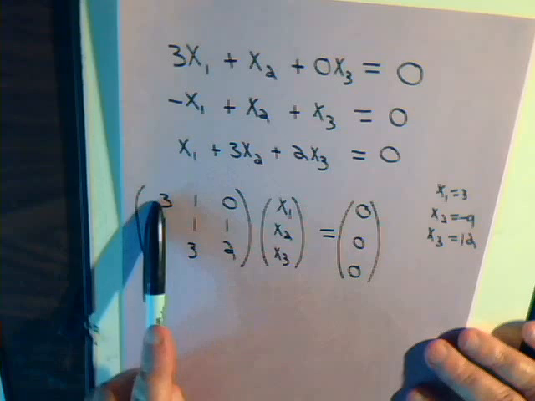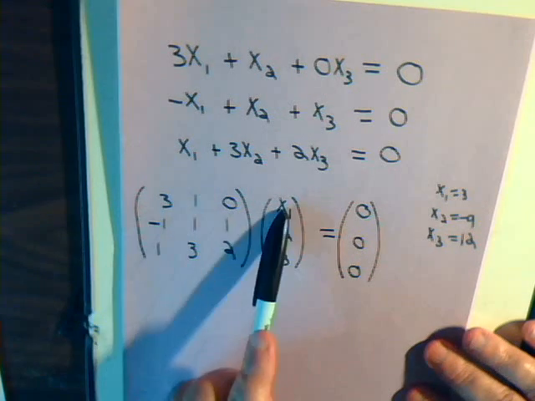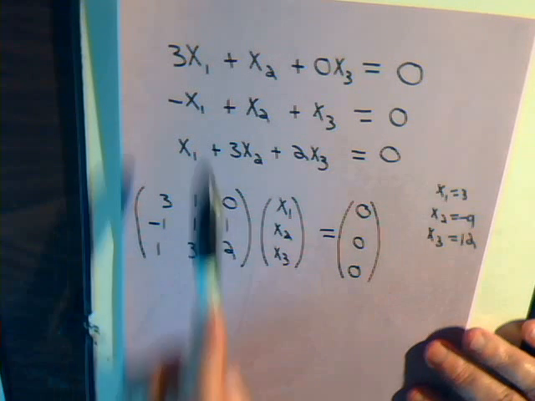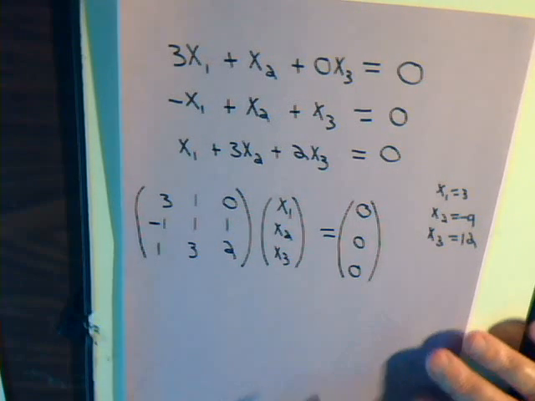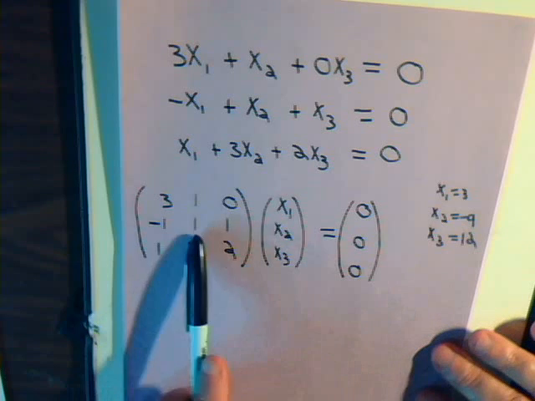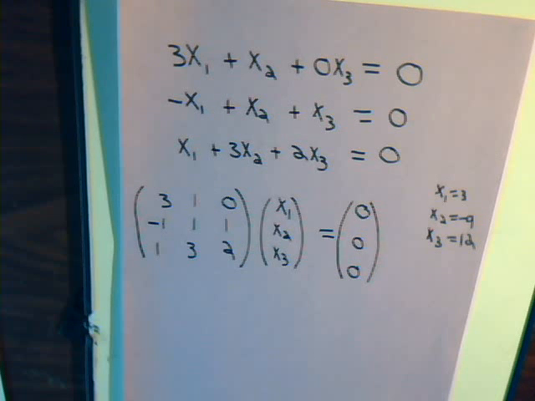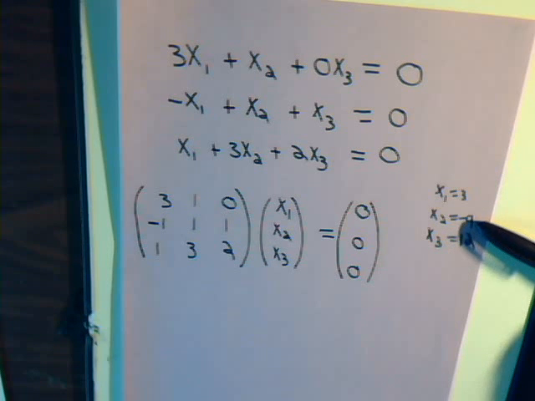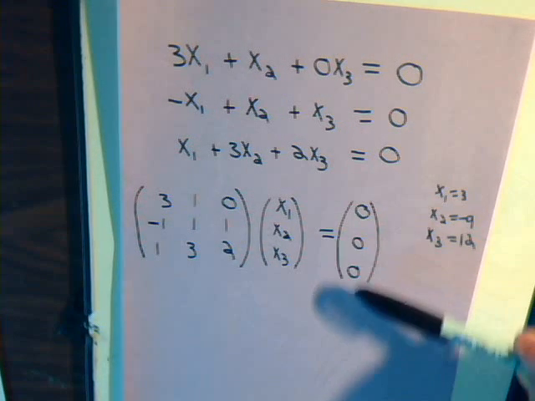This is the same as this. We can see that go across and down. So you have 3x1 plus x2 plus 0x3, that's what we have here, equals 0. So by using the rules of matrix multiplication, this is the same as this. And indeed, you can solve this system of equations and discover that if x1 equals 3, x2 equals -9, x3 equals 12, put those in there, these will come out all to be 0.